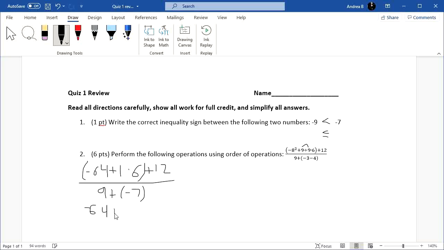So we'd have the -64 plus 6 from doing the 1 times 6, because multiplication always comes before addition or subtraction. And then we'd still have our +12 at the end there. And then the denominator we do separately. So we could do the 9 plus the -7. So in that case, we would end up with a 2.